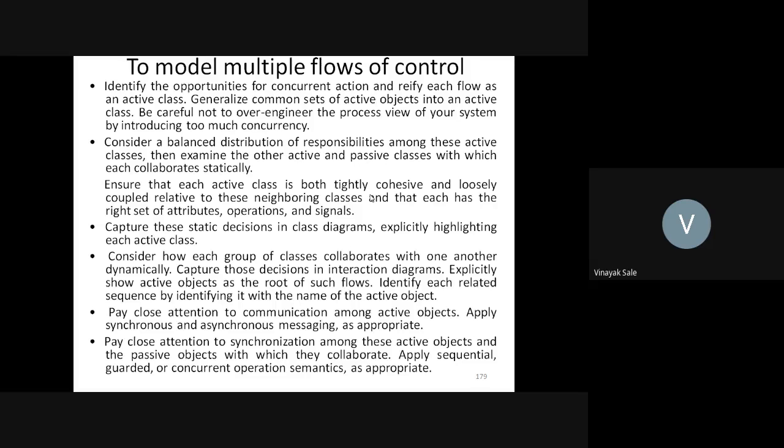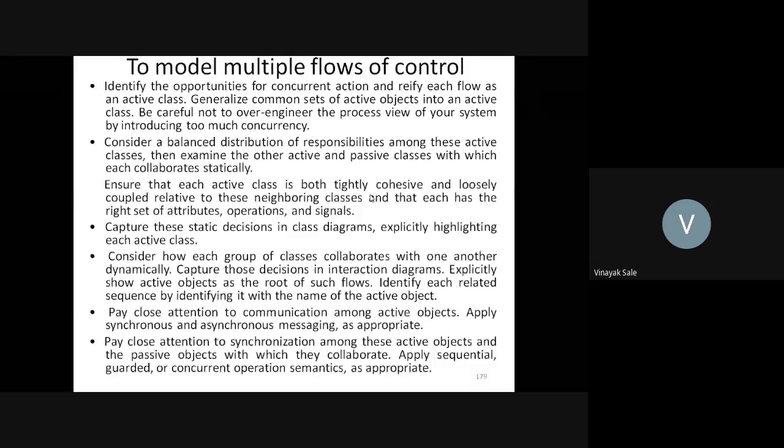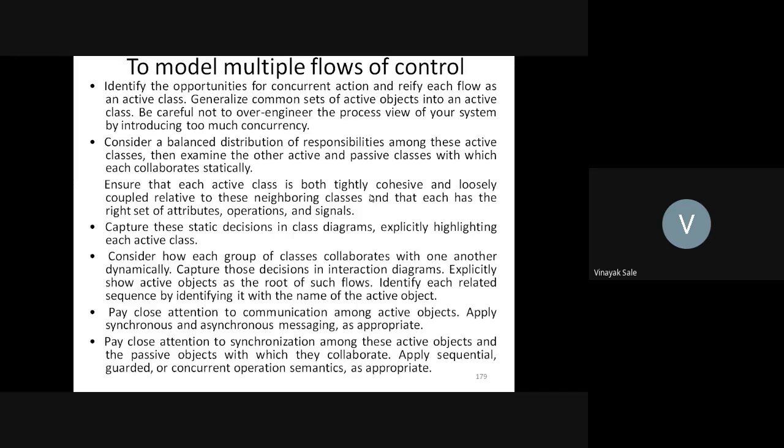Consider a balanced distribution of responsibilities among these active classes. Then examine the other active and passive classes with which each collaborates statically. Ensure that each active class is both tightly cohesive and loosely coupled relative to these neighboring classes, and that each has the right set of attributes, operations, and signals.